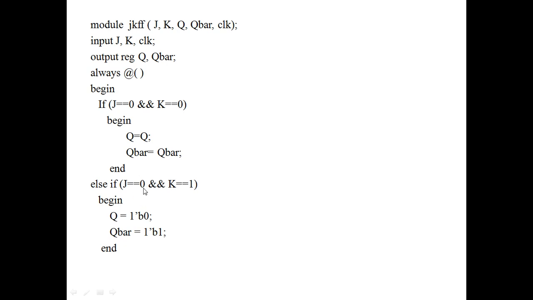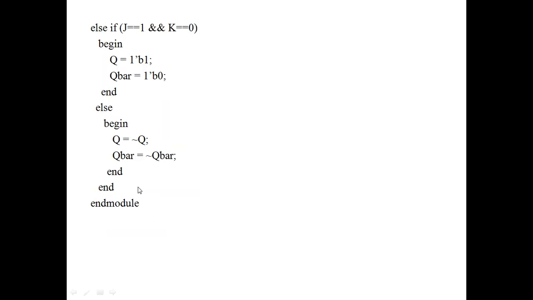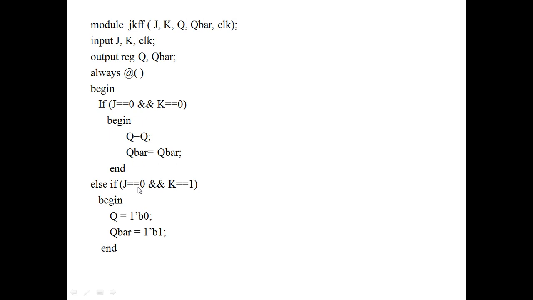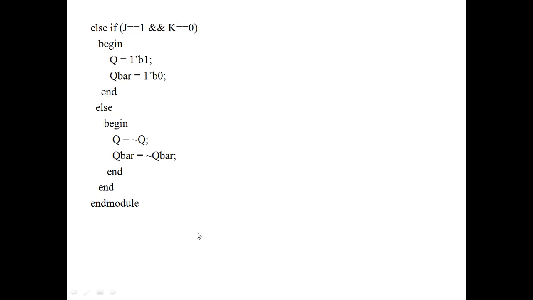Next, when J is equal to 0 and K is equal to 1, flip-flop will be in reset state. When J is equal to 1 and K is equal to 0, flip-flop will be in set state. That is Q is 1, Q bar is equal to 0. When both inputs are high, then flip-flop will be in toggle state or flip state.